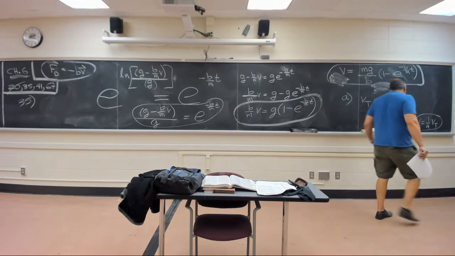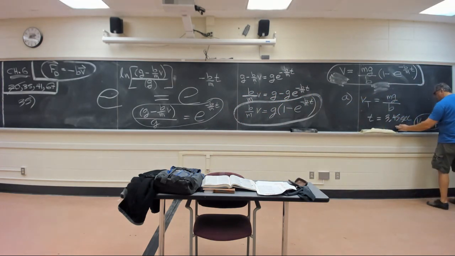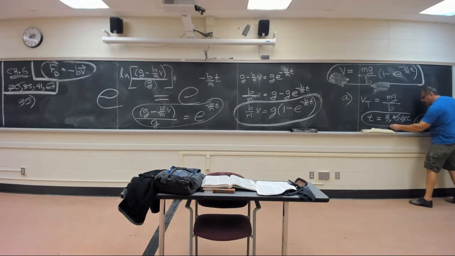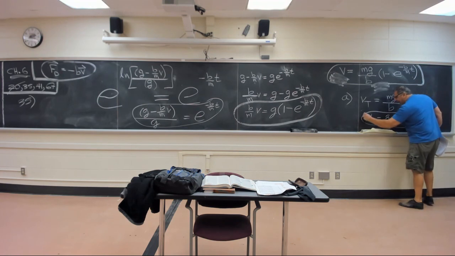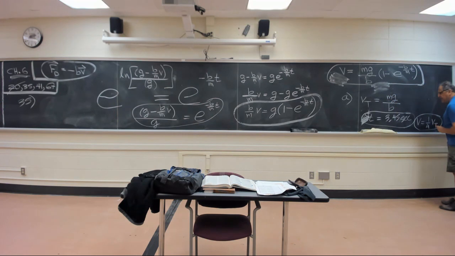So T was this, V was 1/4 the terminal velocity at T equals 3.45 seconds, we've got this. At T equals 3.45 seconds, we have 1/4 the terminal velocity. Put another way, at 1/4 the terminal velocity, we have T equals 3.45 seconds.